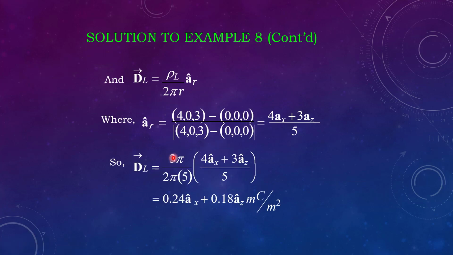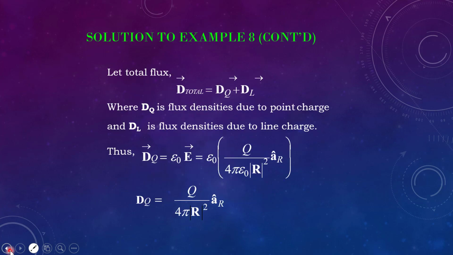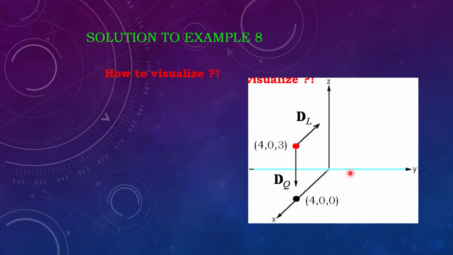Now density due to line charge. We know that dl is given by rho l upon 2 pi r into ar cap. Epsilon naught is not present, remember. Similar to intensity, we will draw a perpendicular onto the line charge. The line charge is situated along the y-axis.